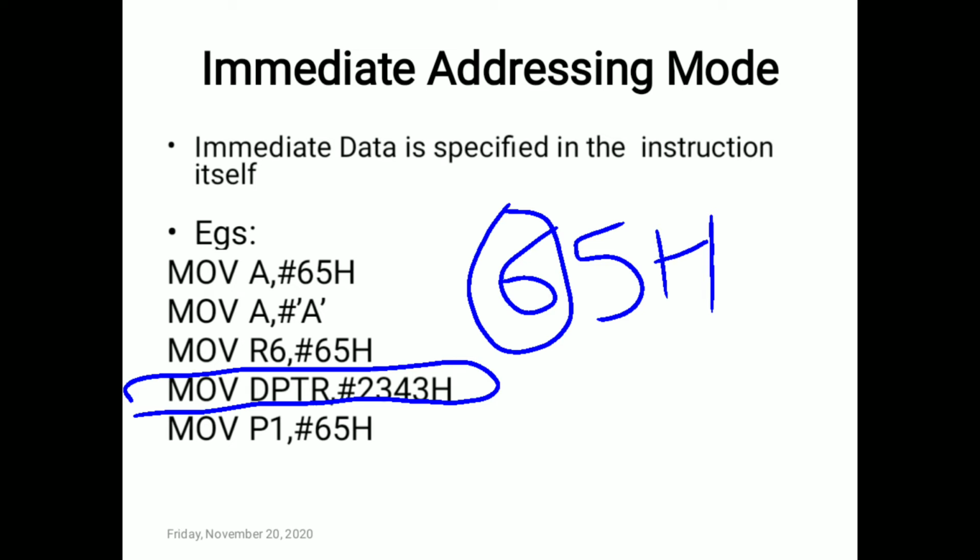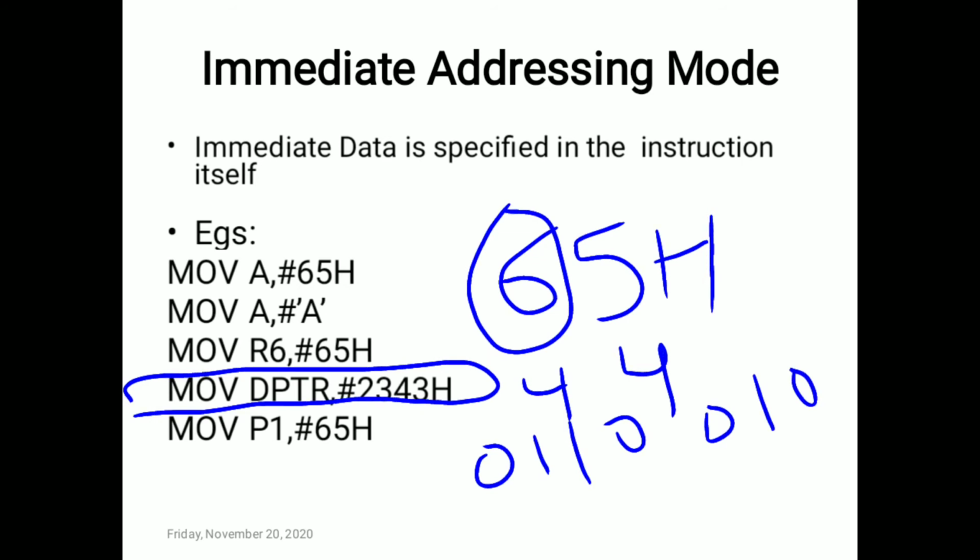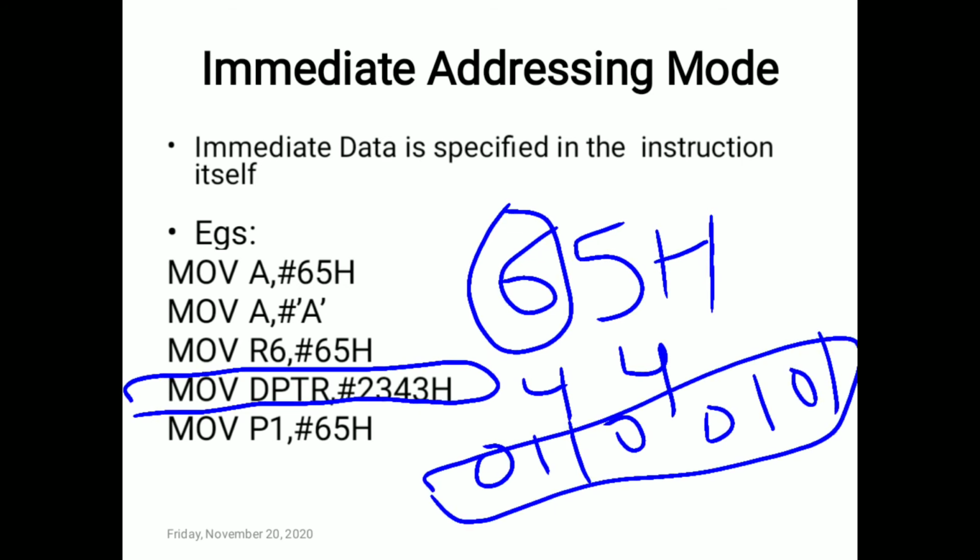Nibble means 4 bits. 6 represents 4 bits and 5 is again represented by 4 bits. We are using hexadecimal, in which each digit is represented by 4 bits. 65h means 0110 and 0101. So in this way we represent the data.